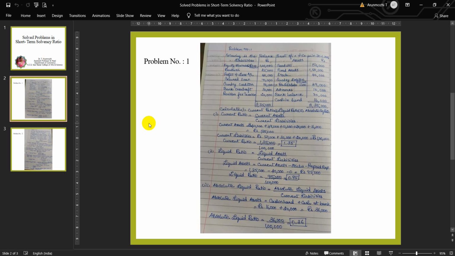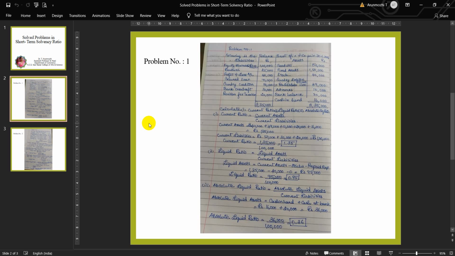The term current assets includes debtors, stock, bills receivable, bank and cash balances, prepaid expenses, incomes due, and short-term investments. The term current liabilities includes creditors, bank overdraft, bills payable, outstanding expenses, income received in advance, etc. Now, the standard ratio for the current ratio, or an acceptable current ratio, is 2:1.